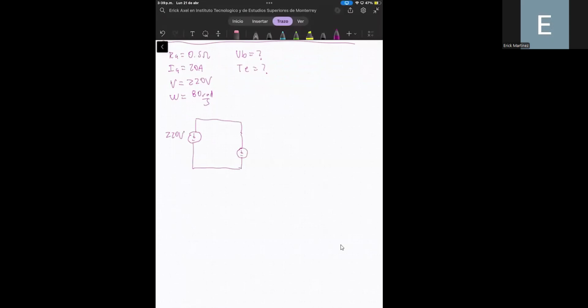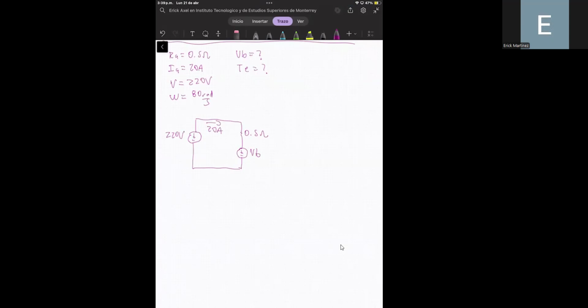This is not the back EMF voltage. We need to compute this, and we also know the resistance, that is 0.5 ohms, and that the motor is demanding 20 amperes.